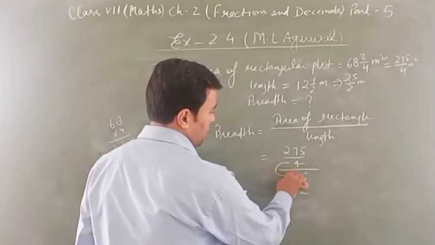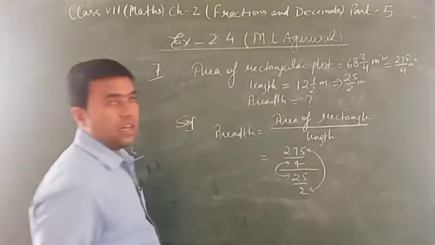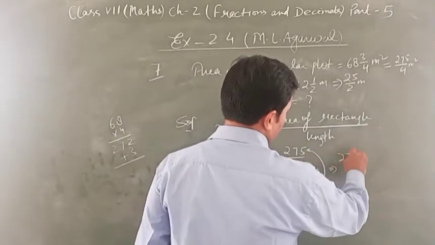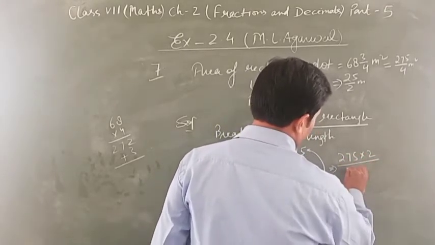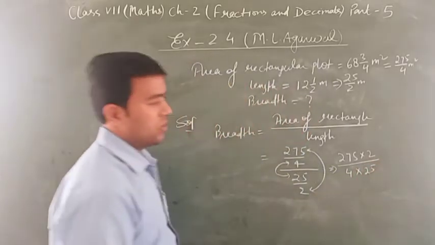Second number multiply by third number, first number multiply by last number. Clear? Means 275 into 2 by 4 into 25.